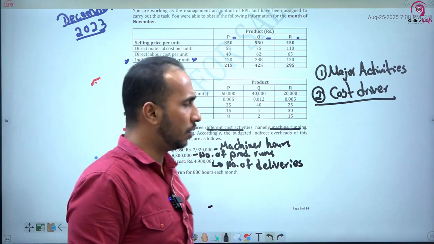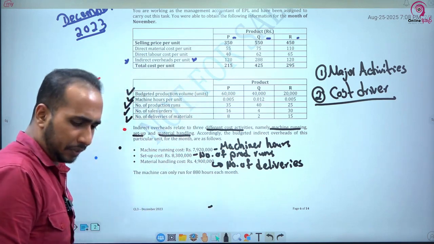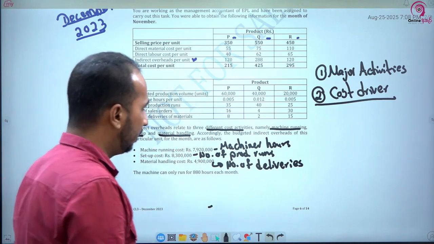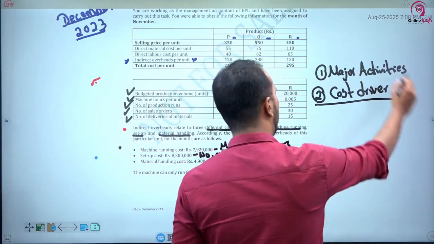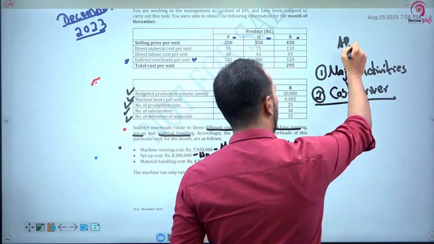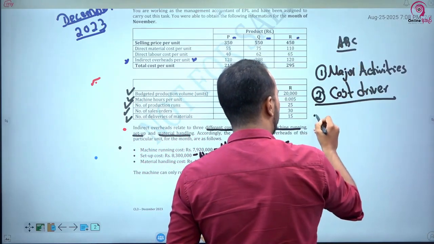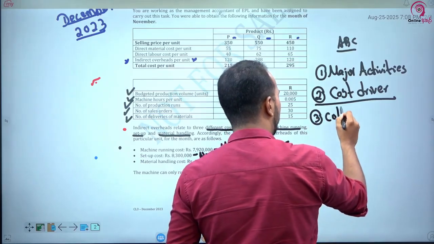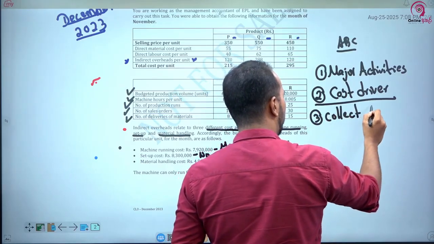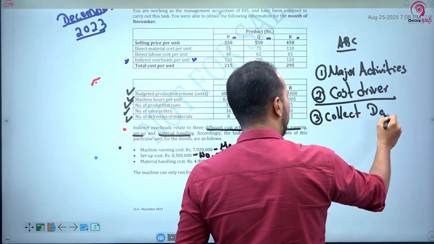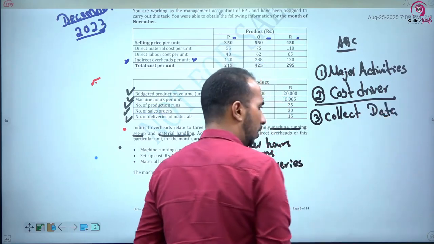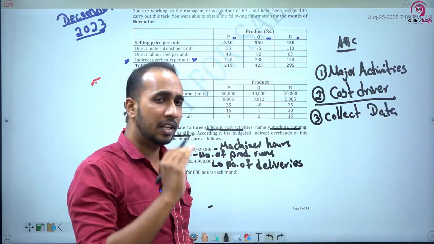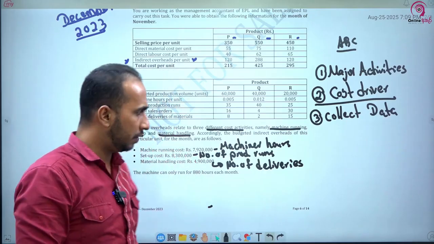That is the second step in ABC, activity based costing. Then the third step is to collect cost data into cost pools, or collect cost data under each major activity.